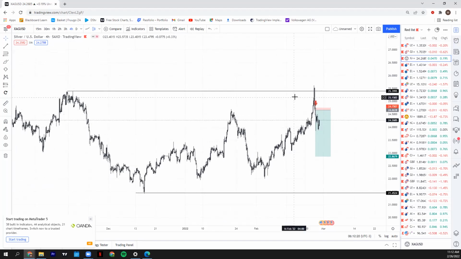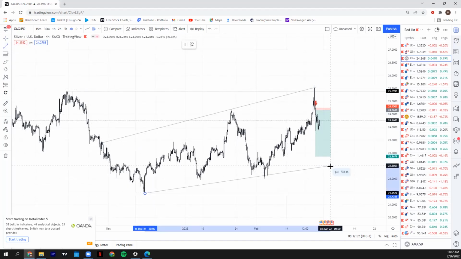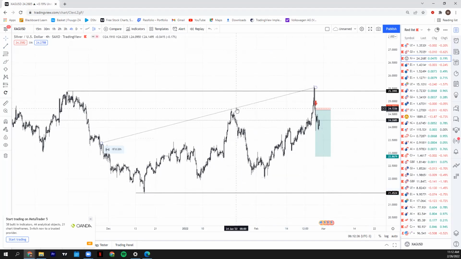Not a lot of structures. As you can see, I did not force myself to draw something like this, and you can see that this was not necessary. All I did was get the zones and just try to see the structures or the flags of the entry points.